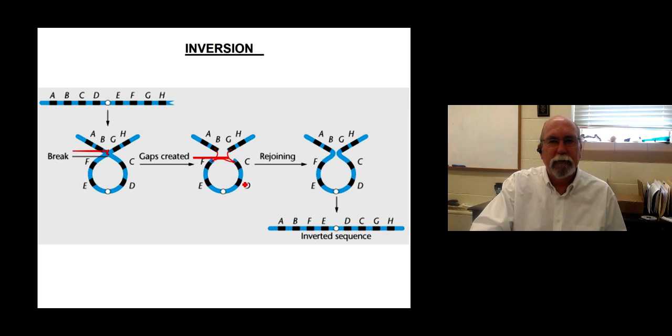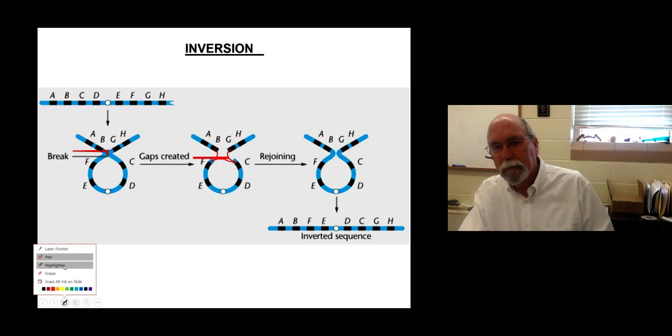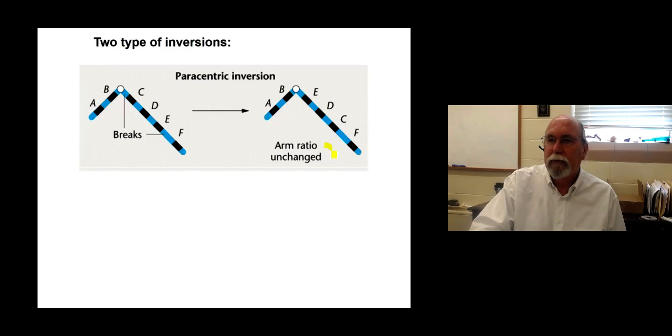So you fuse it back looking something like this, and you'll end up with what we see over here. Now you notice that will be an inversion, right? That's what that would end up providing for us.